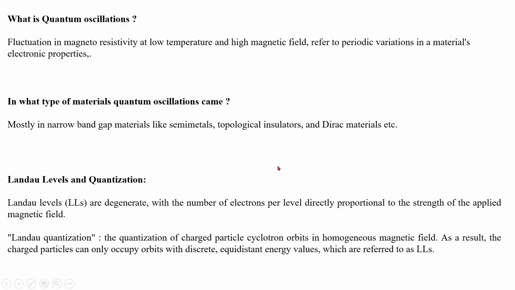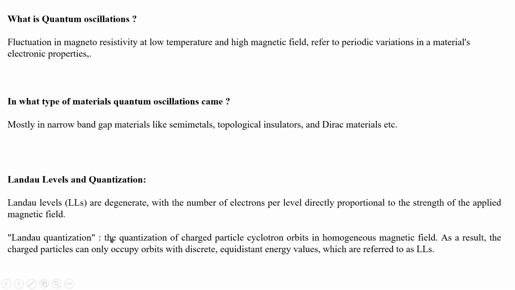Up to a certain value of the Landau levels, these energy levels are degenerate. The electron can go into different levels, and because the energy of these levels is the same, the electron can oscillate. With the increase of the magnetic field strength, the Landau level degeneracy increases, and this shows the quantum oscillations.